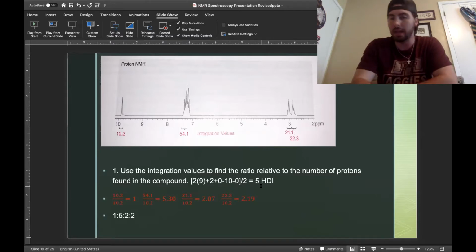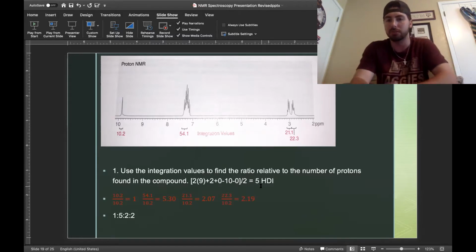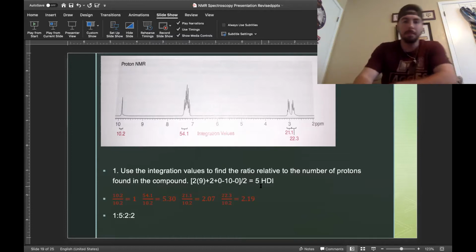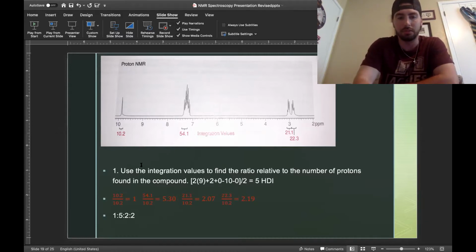And like she said before, anything 4 and up is consistent with an aromatic ring. So just keep that in mind. And then I took the integration values to get the integration numbers. So 10.2 is my smallest one, and I divided all the others by 10.2.